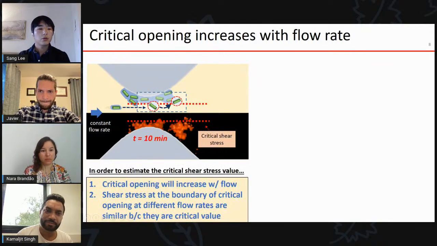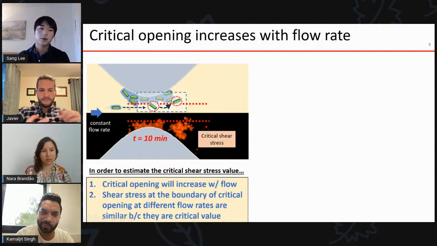So in order to estimate this critical shear stress value, we made two additional hypotheses. One is that this critical opening bounded by this red boundary will increase with respect to flow rate. That is quite obvious because if we increase the flow rate, the cross-sectional area required to reach the critical shear stress will increase, pushing this boundary outward.